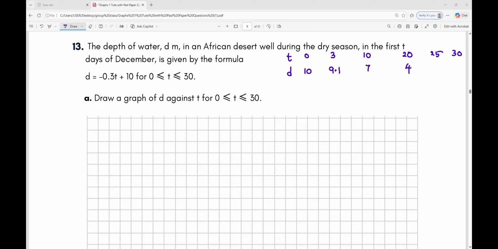Minus 0.3 times 25 plus 10, 2.5. The last value, minus 0.3 times 30 plus 10, 1.